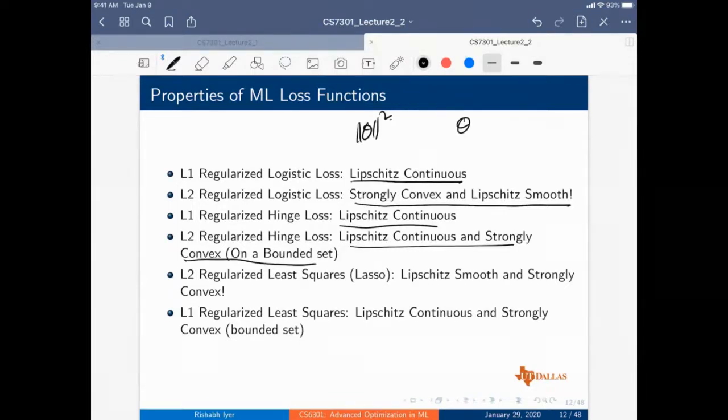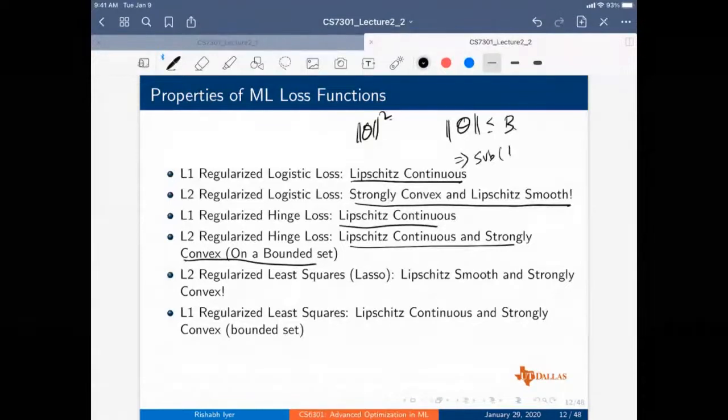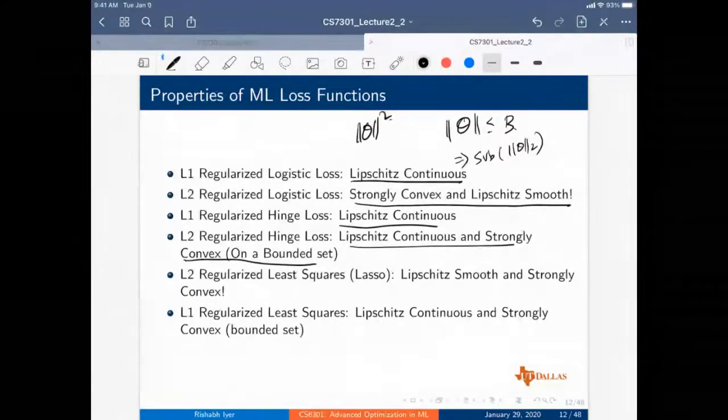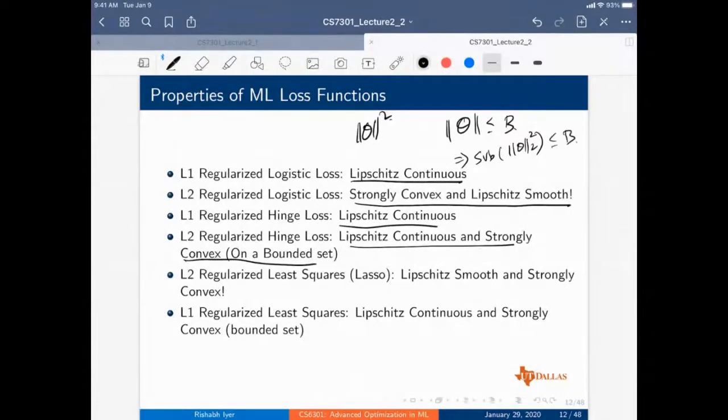But if you assume the norm of theta is bounded by b, this implies that the subgradient of this function is bounded by b. Any questions on this?